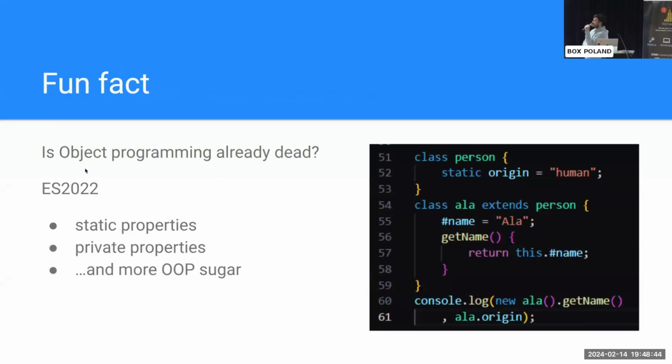And yeah, so it was a kind of long talk about not object-oriented programming. But if somebody thinks that object-oriented programming is already dead, then no, because in the newest specification of ECMAScript, so JavaScript for 2022, we have static properties, private properties, and more object-oriented programming sugar.